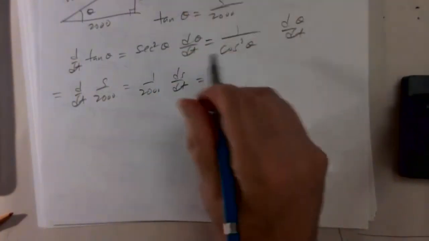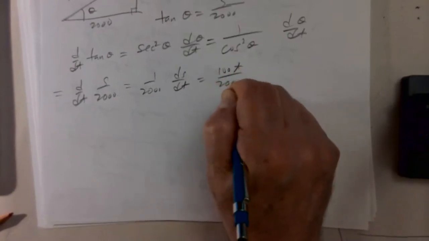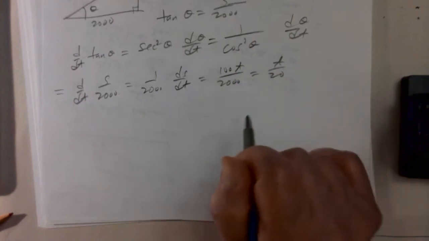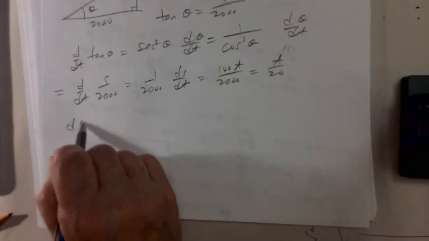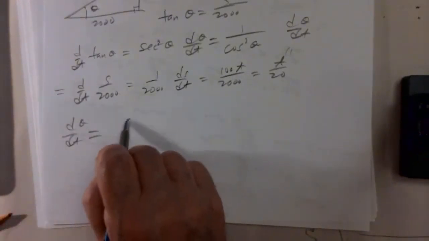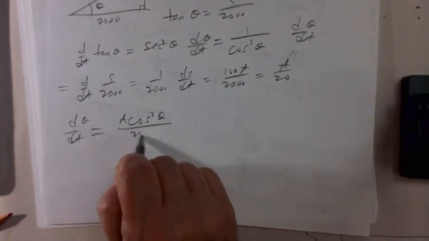And we're told ds dt is 100t. 100t over 2000, which is t over 20. So these are equal. So d theta dt is equal to cosine squared theta times t over 20.